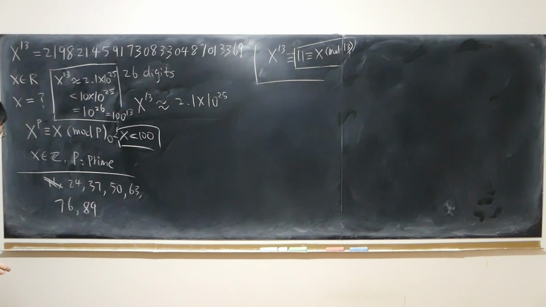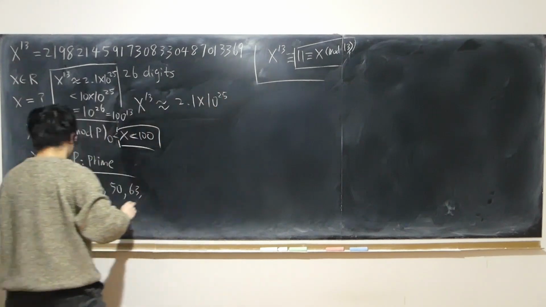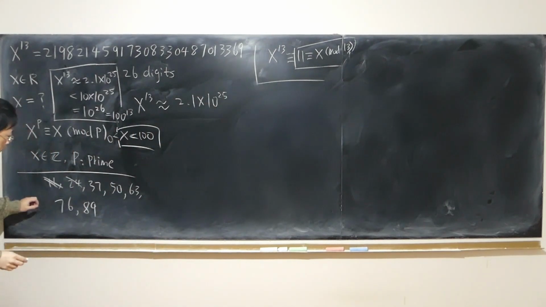Square it: 4 times 4, 16. The last digit is 6. 6 times 4, last digit is 4. That's to the power of 3. So to the power of any positive integer, I have either 4 or 6 as the last digit, which is different from 9. So immediately rule it out.